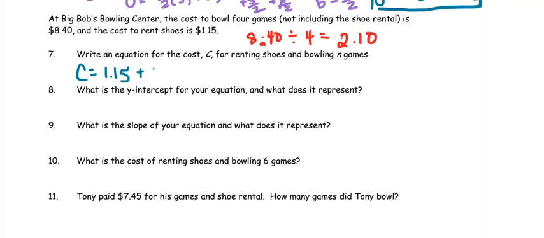So that's going to be plus 2.10n, because they're telling you n games, okay? 4 games. So this is $8.40 for 4 games. So we're dividing by 4 to get $2.10 per game. Okay, what is the y-intercept for your equation? 1.15.